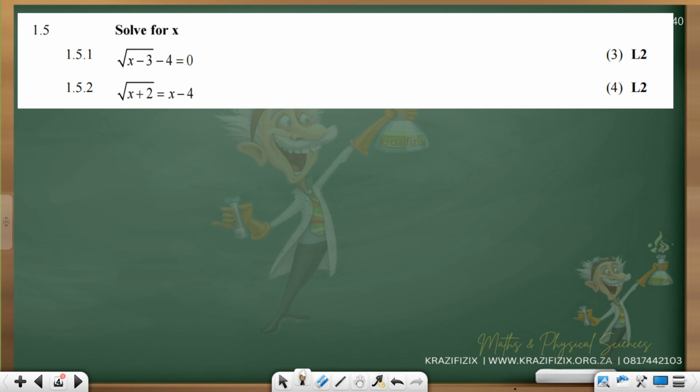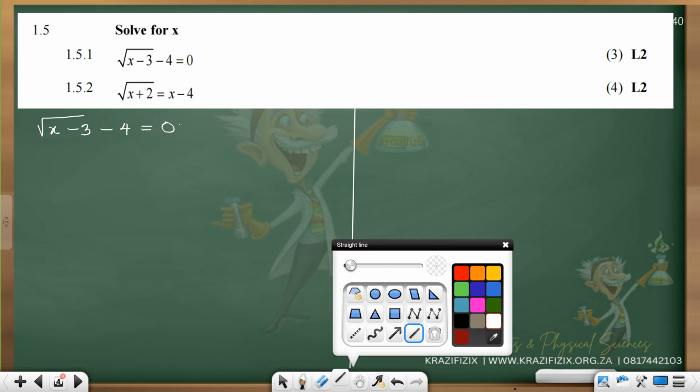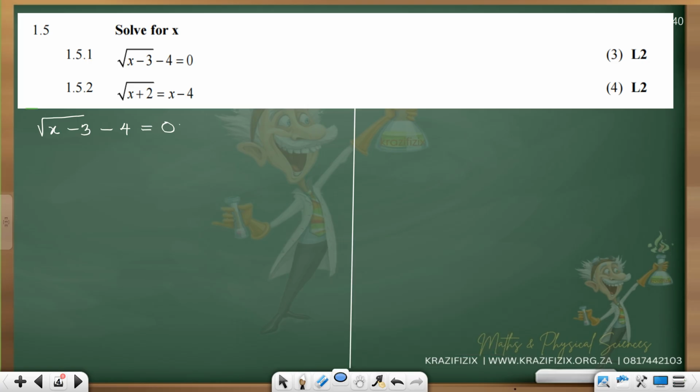If I look at number 1, the root of x minus 3, minus 4, let's identify which one is our surd. Everything under the square root, that's our surd. Step 1, isolate. Make sure the surd is on one side. To do that, I will just move the negative 4 and it becomes a positive 4.